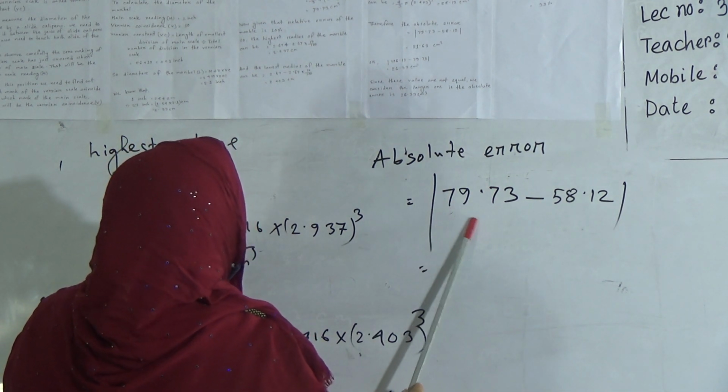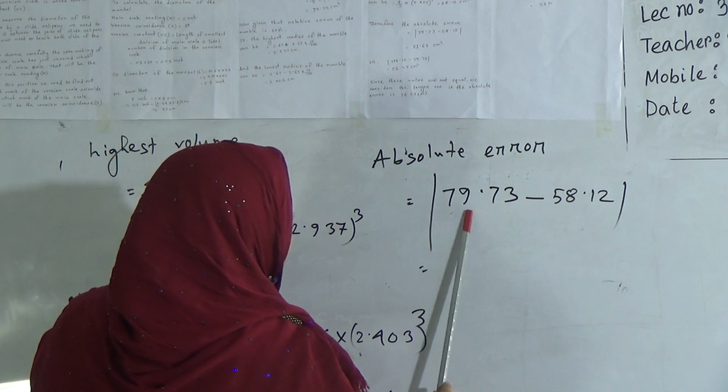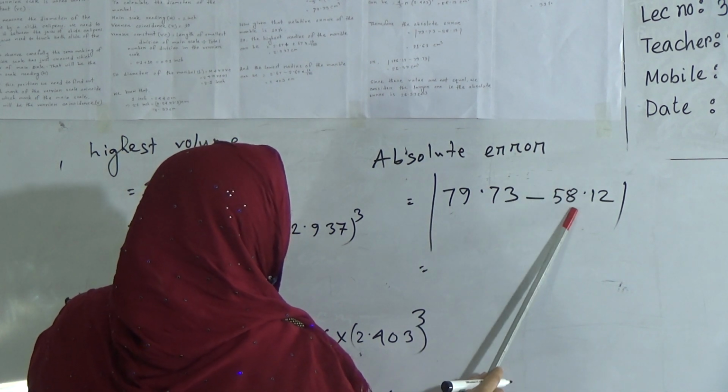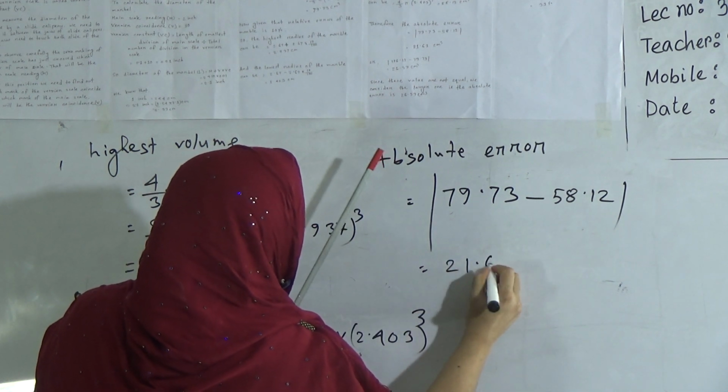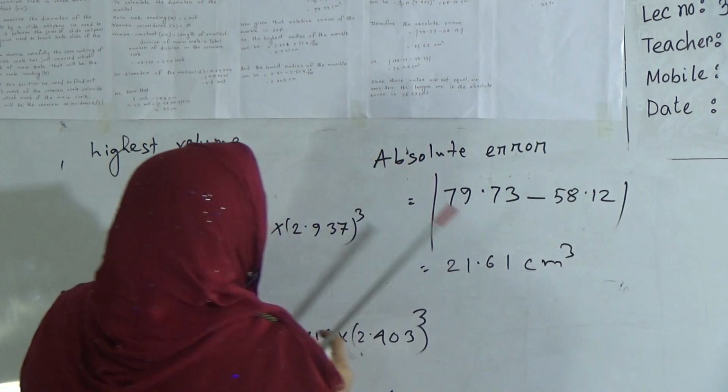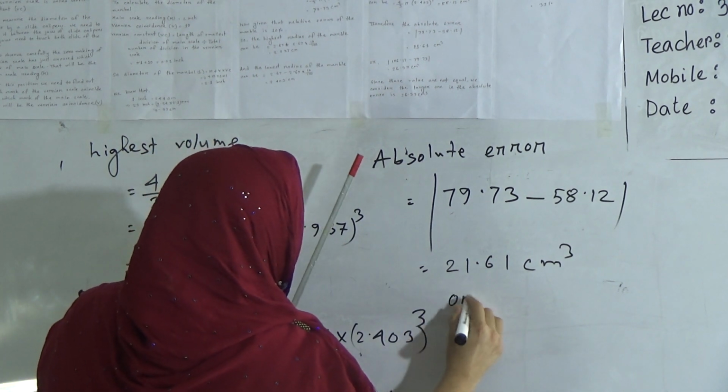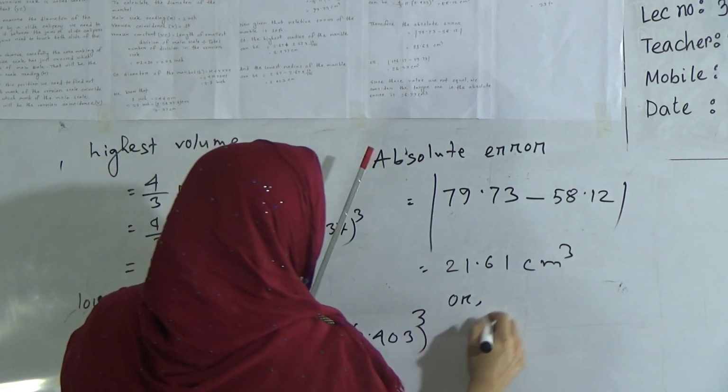The actual volume of the marble, 79.73, minus the lowest volume of 58.12, that means it will be 21.61 centimeter cube.